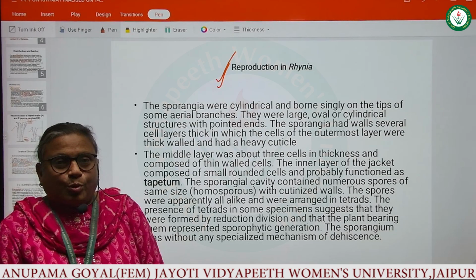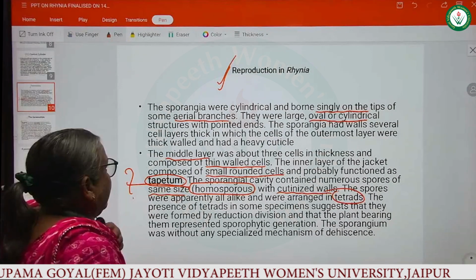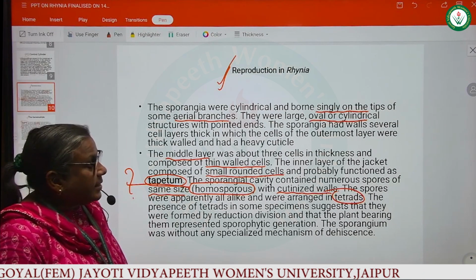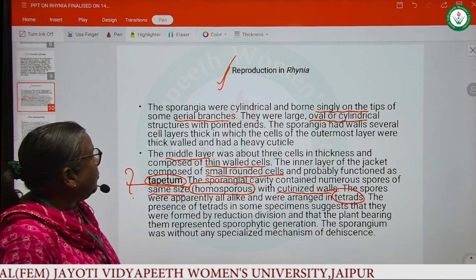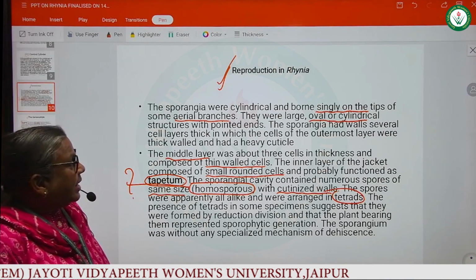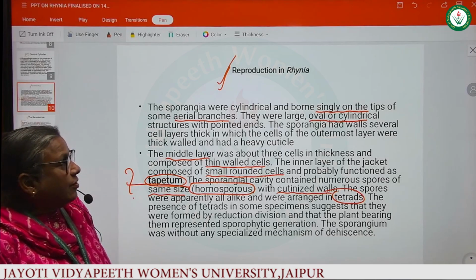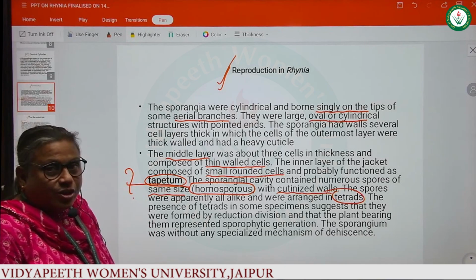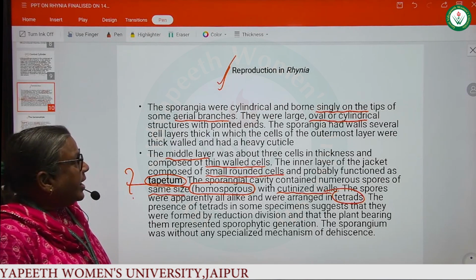The sporangia were cylindrical and borne singly on the tips of some aerial branches. The sporangia were large, oval or cylindrical structures with pointed ends.